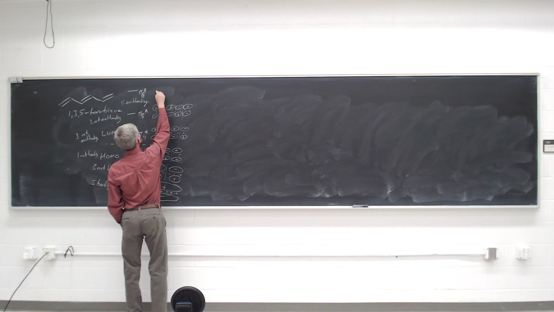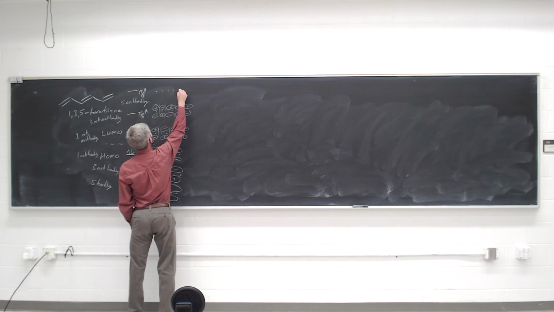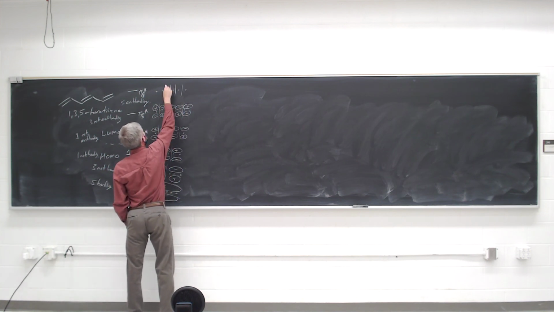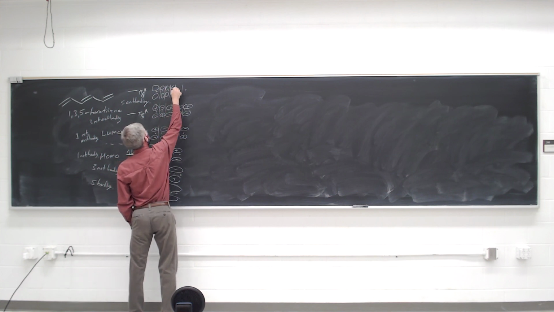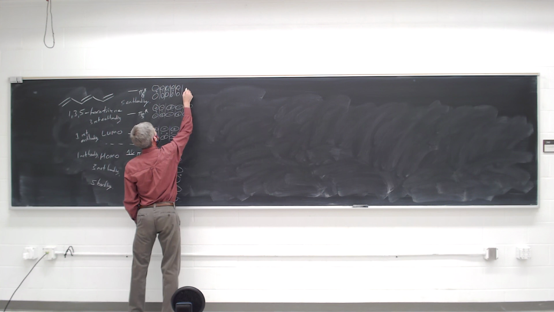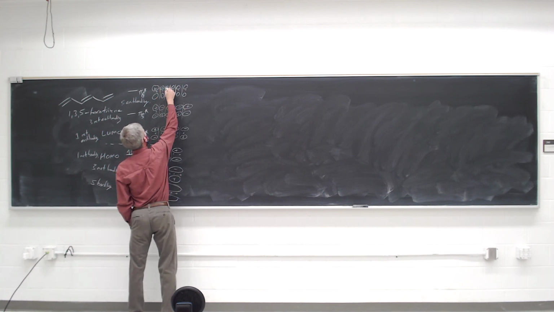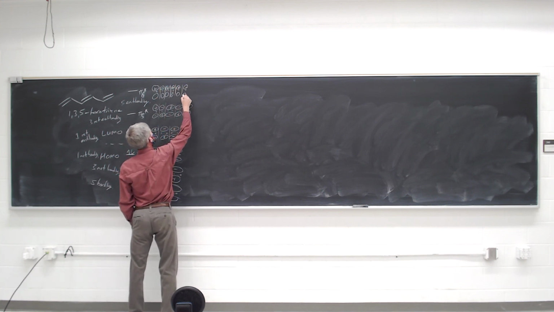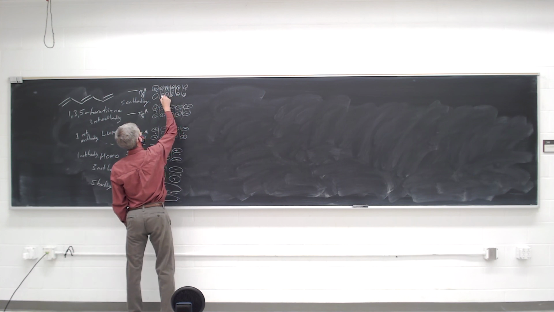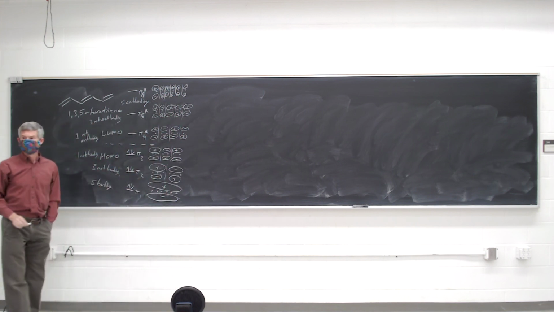And pi 6 has nodes everywhere. This is our comparison. That's our comparison molecule.